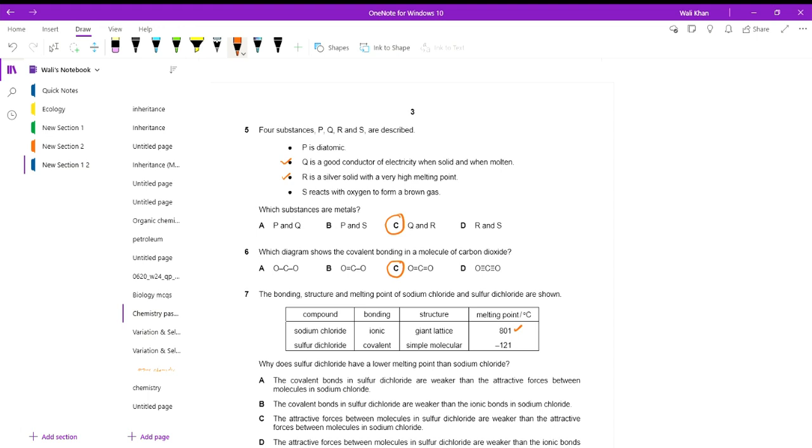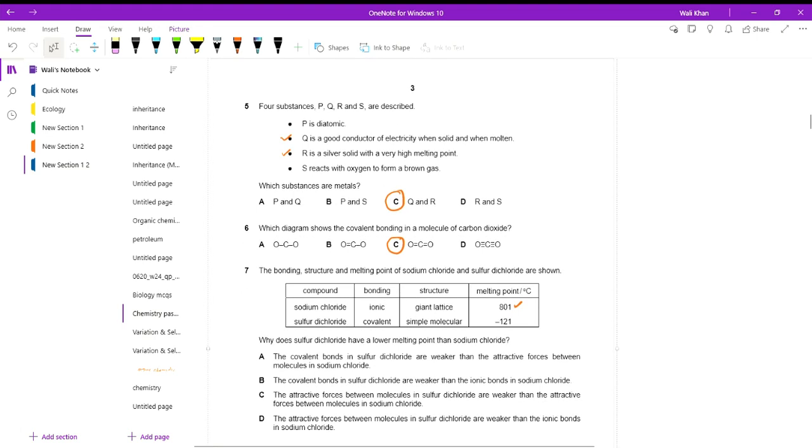This one is also not a good option. The attractive forces between molecules in sulfur dichloride are weaker than the ionic bonds in sodium chloride? Yes. They are weaker because sulfur dichloride has a simple molecular structure as compared to sodium chloride, which has a giant lattice structure. So the attractive forces are weaker than the ionic bonds in sodium chloride. Yes.